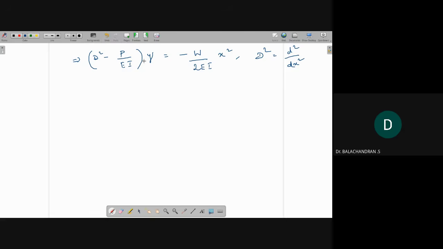Now this is a second order differential equation with constant coefficients. The auxiliary equation is m square minus P divided by EI equal to 0. This implies m square equal to P by EI, so m equal to plus or minus root of P by EI.